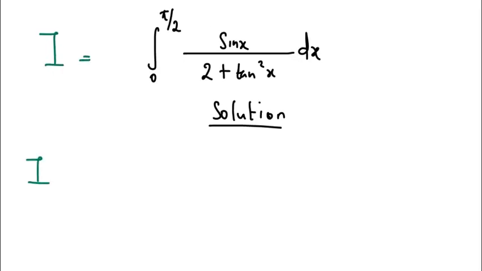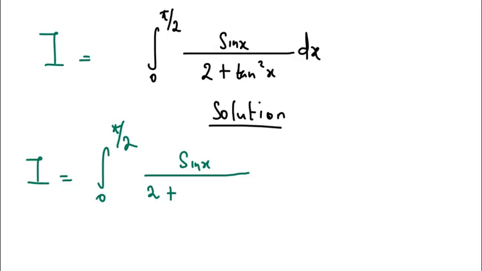Then our I is going to be equal to the integral from 0 to pi over 2 of sine of x divided by 2 plus tangent squared of x.